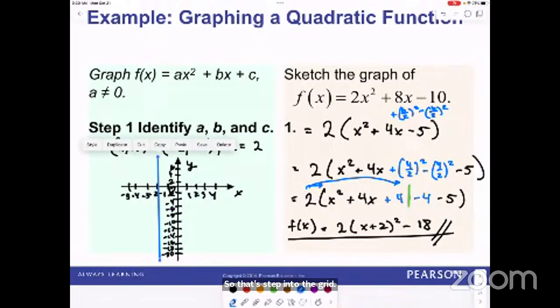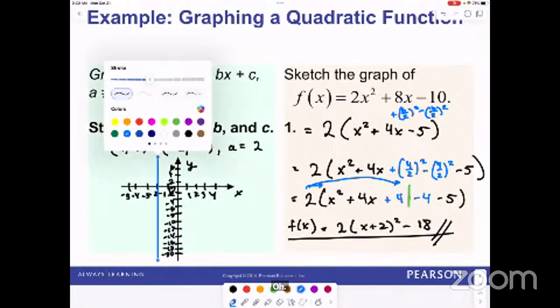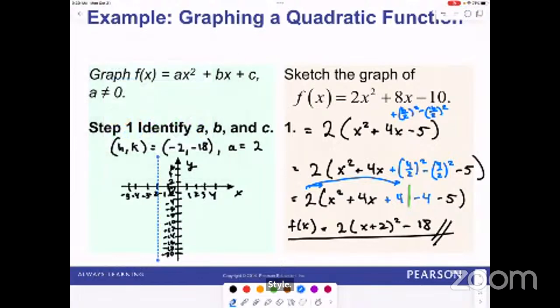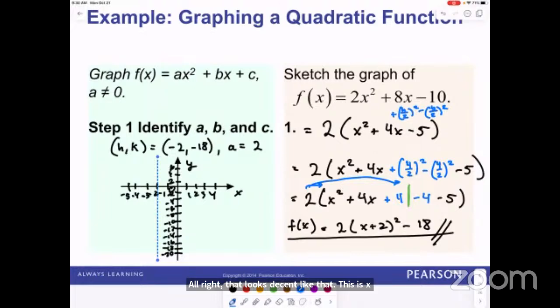All right, that looks decent like that. This is x equals -2. Okay. So the -2, -18 puts us here. I'll label it -2, -18. Okay. And I think I'm just going to use my axis of symmetry.